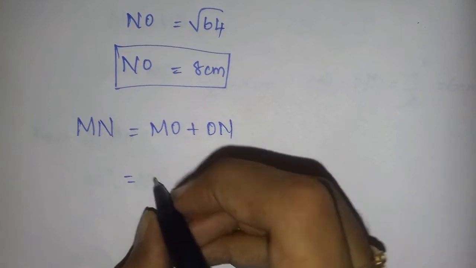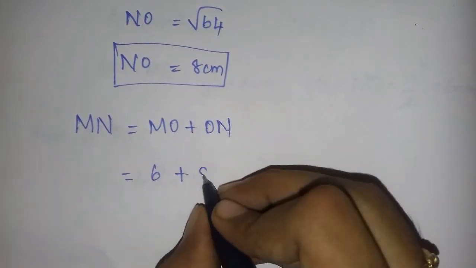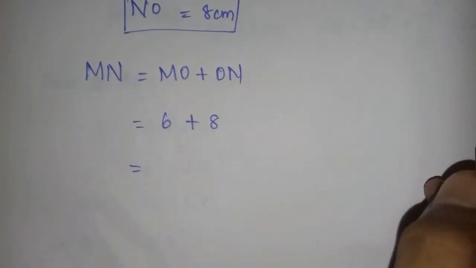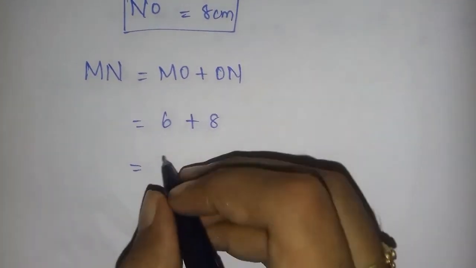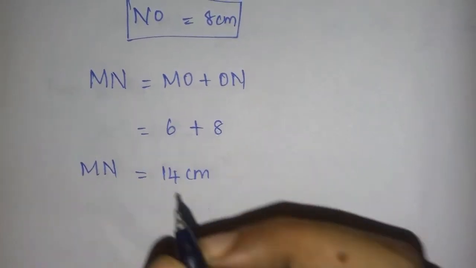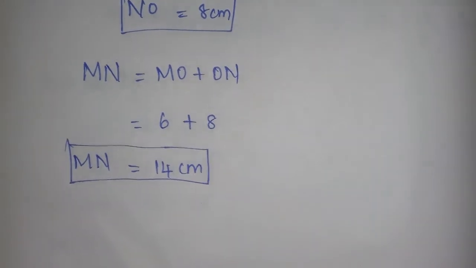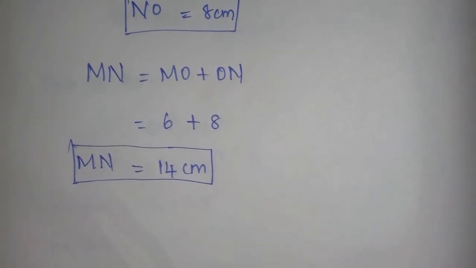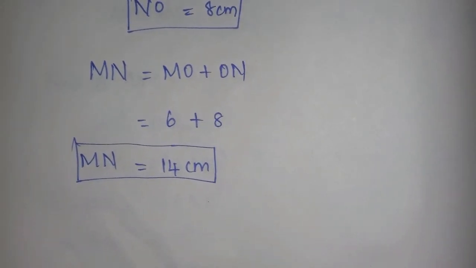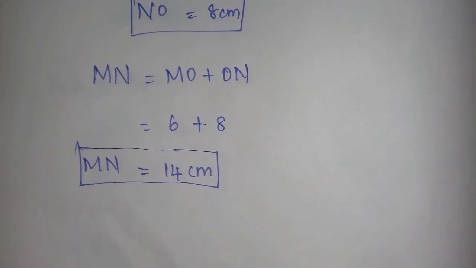The value of MO is 6 centimeter, and the value of ON is 8 centimeter. If you add both, what will you get? 14 centimeter. So the distance between M and N is 14 centimeter. What is asked? We have to find the distance between two chords. That is MN equal to 14 centimeter. I think this problem is clear for you all.